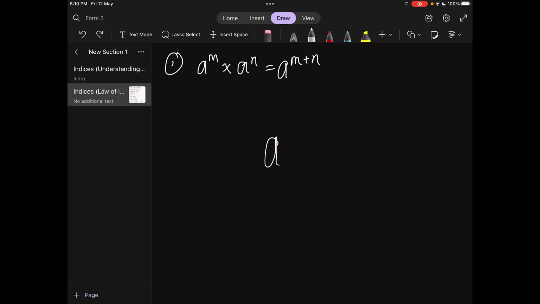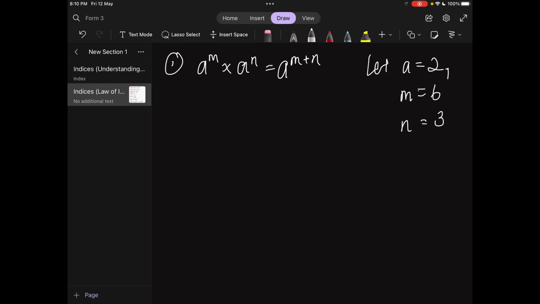Viewing the equation in the algebraic form may be a bit confusing. So to solve that problem, we are going to use numbers. So let a be 2. It's going to be 2 for the whole video, and then m is going to be 6 and n is going to be 3.